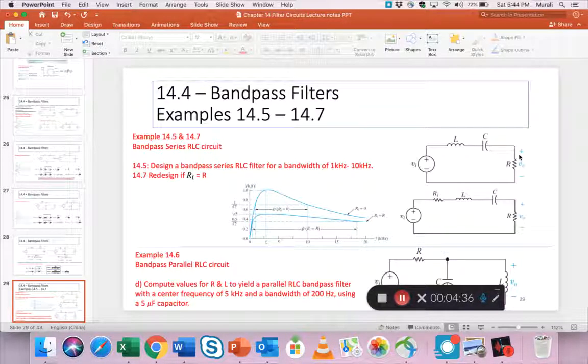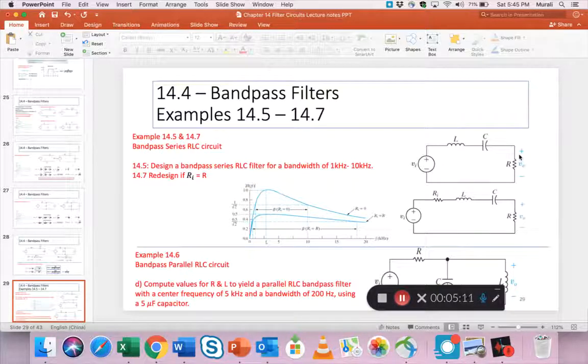So the challenge for us is to design a suitable RLC filter that can give us amplification of only this band. So anything below should be cut off and anything above should be cut off. So we need just 1 to 10. Okay. So there are a number of approaches that the textbook says we can take, and I will let you read it.